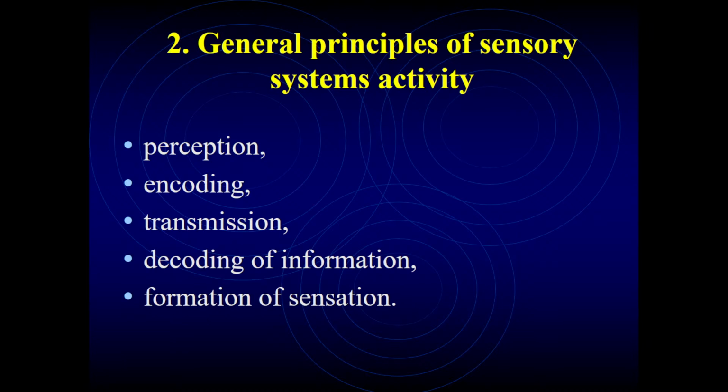In the peripheral part, information is encoded, and in the cerebral cortex, information is decoded and a sensation is formed. Processing of information begins at the receptor level and continues to higher brain centers.